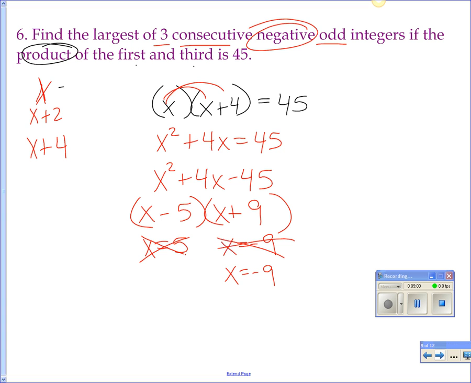So come back over here. x is negative 9. Now you're going to do negative 9 plus 2. Well, that's negative 7. And you're going to do negative 9 plus 4, which is negative 5. This one said find the largest. What's the largest out of negative 9, negative 7, and negative 5? The largest is negative 5 because it's closest to 0.